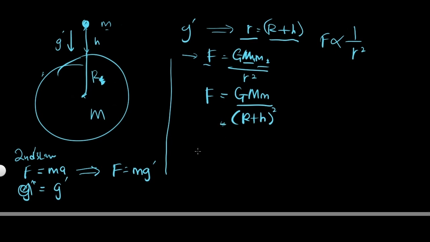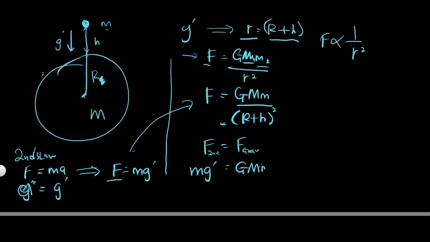Now let's equate these two equations. The force which makes this object accelerate downward is caused by the same source, the gravitational force due to the planet. So F from the second law equals F from the gravitational law. F second law is mg, where g is the gravitational acceleration.